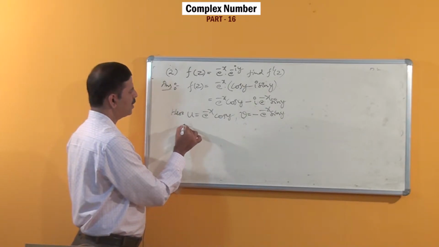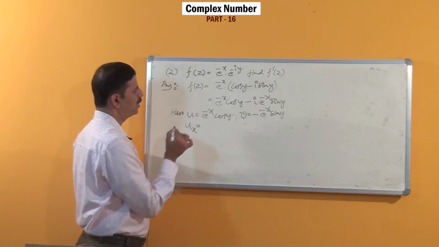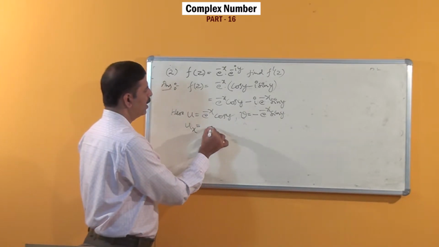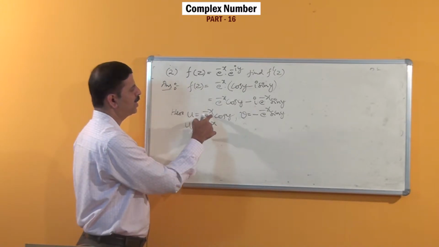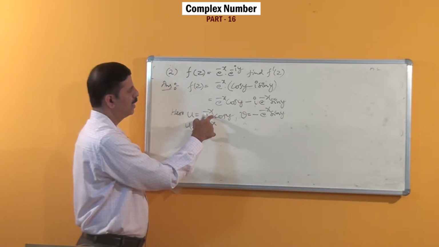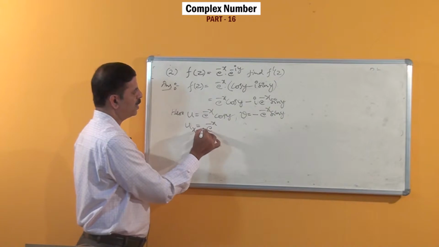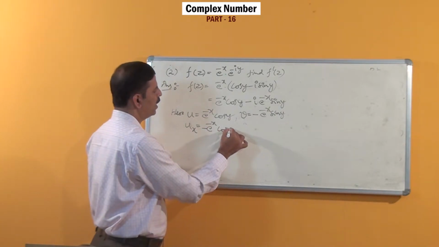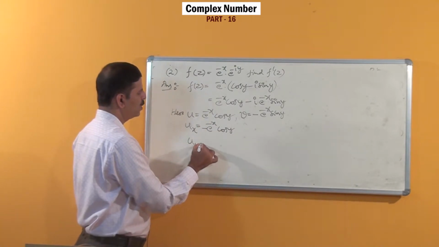So differentiate u partially with respect to x, so that becomes ux. What is that? The derivative of e power x is e power x, but for minus x, as per the chain rule, it is minus 1, into cos y. Similarly, what is uy?